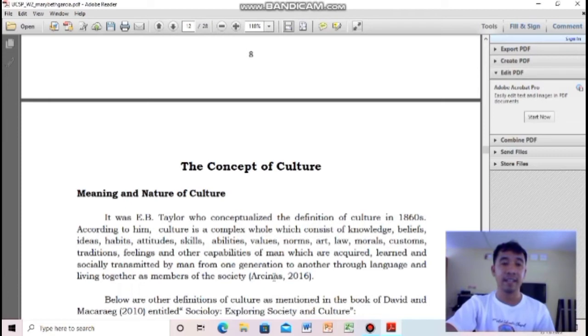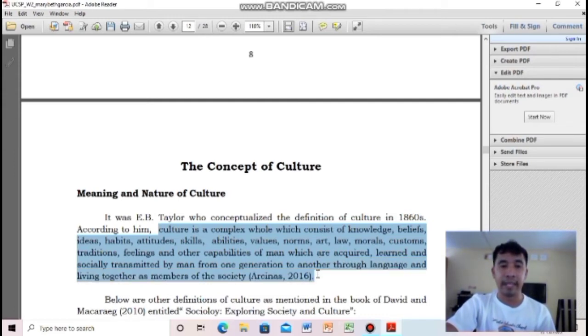So, according sa iya, culture is a complex whole which consists of knowledge, beliefs, ideas, habits, skills, abilities, values, norms, art, law, morals, customs, traditions, feelings, and other capabilities of man which are acquired, learned, and socially transmitted by man from one generation to another through language and living together as members of society.